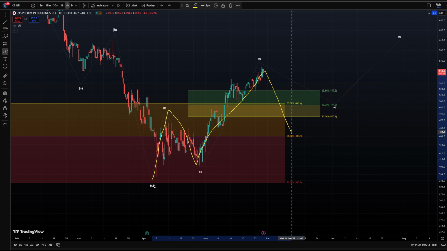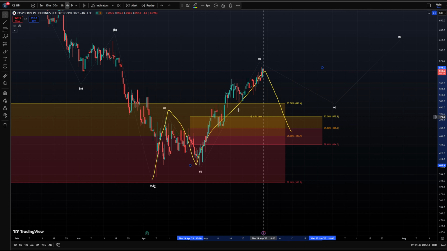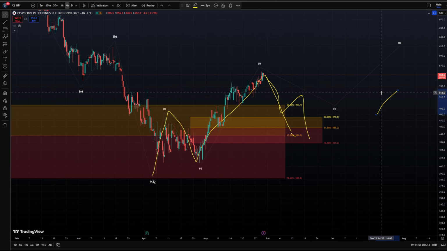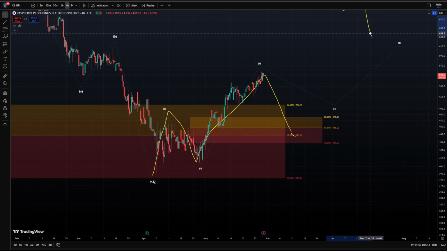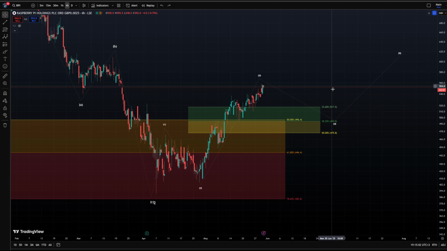It could go much lower than the support zone for the wave 4 that I provided here, and I will put it on chart just for context, just to see that it could actually go down to $434 and still be within that scenario, where we could finish a correction here in 3 waves and then start a move up in a third wave of 3 of 3, which could provide us with quite good profits.